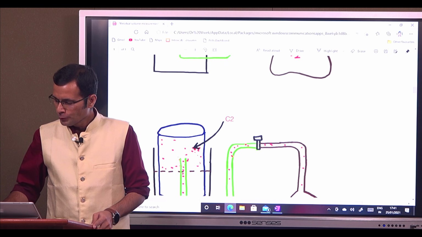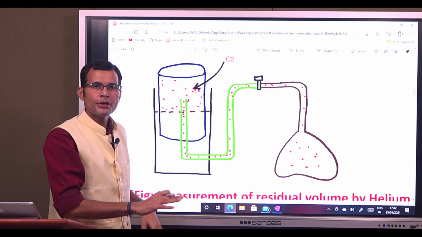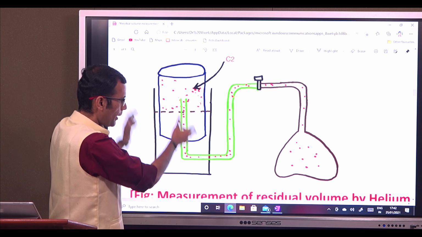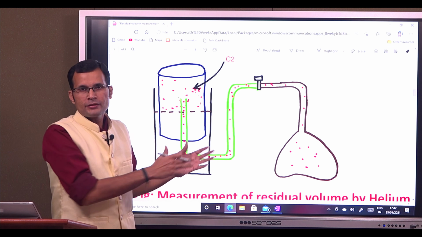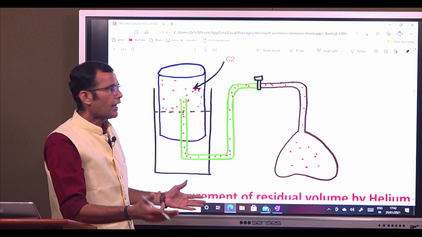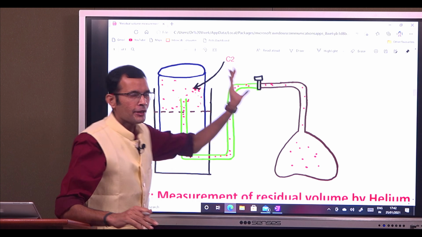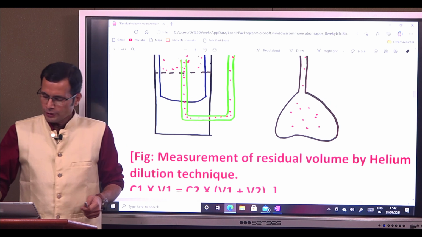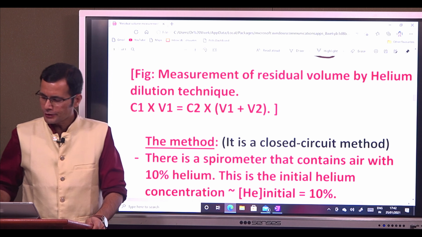Then C2 is the final helium concentration after the helium has been diluted into this entire system of spirometer plus lung, and V2, as I said, is the volume of spirometer plus volume of the lung. That is how we can calculate the residual volume.